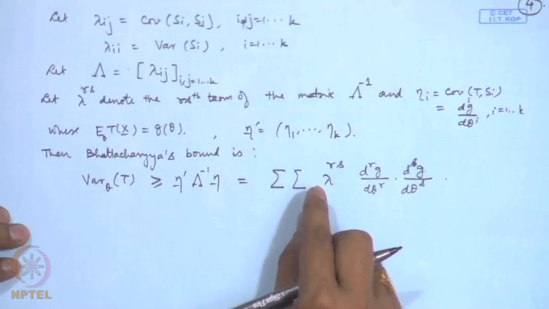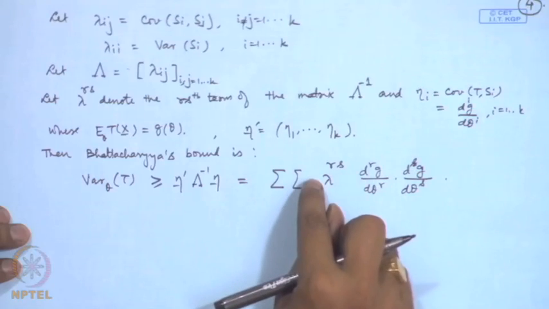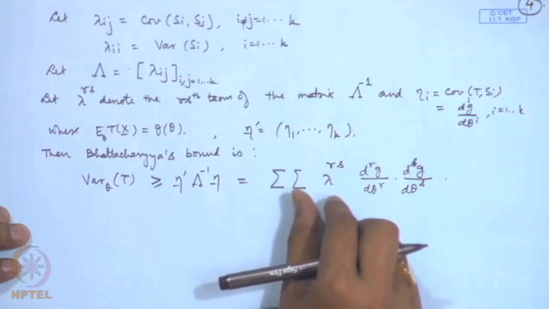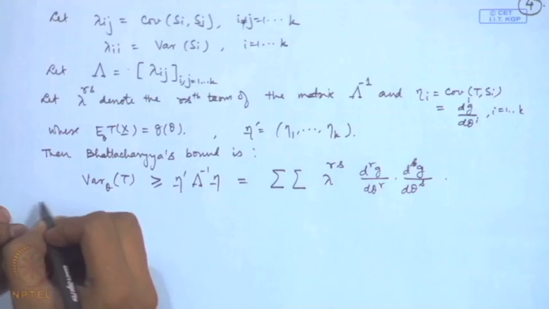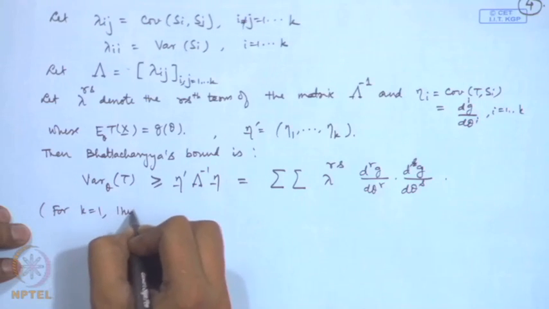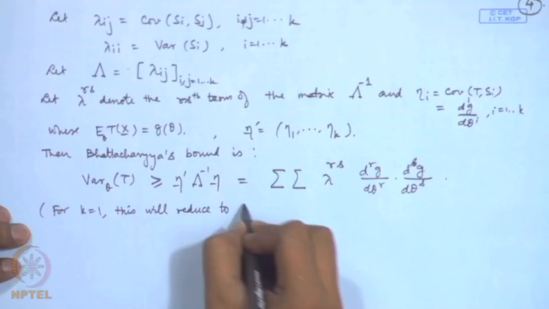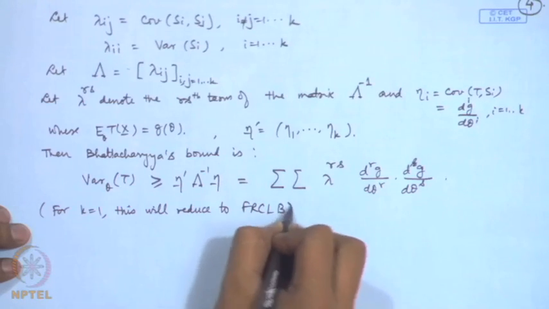You can see that if I had considered k equal to 1, then this will reduce to the Cramer-Rao lower bound. For k equal to 1, this will reduce to the Cramer-Rao lower bound.